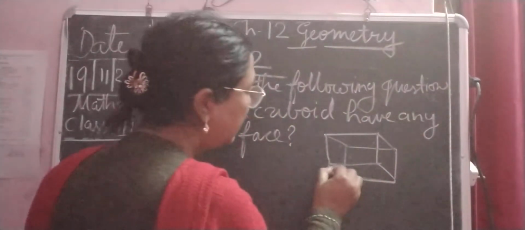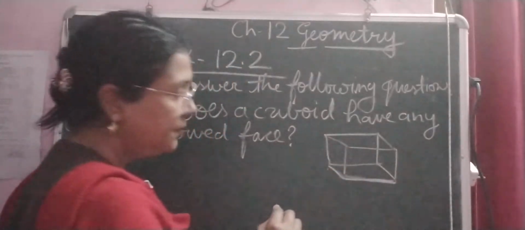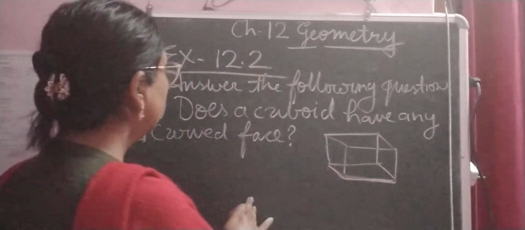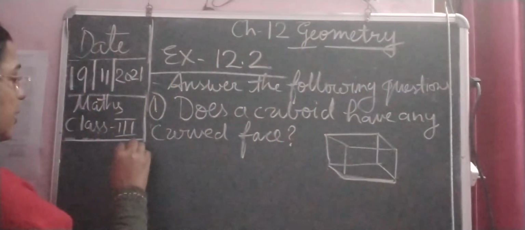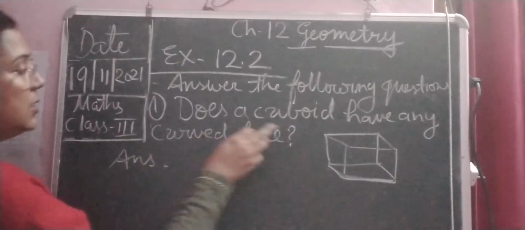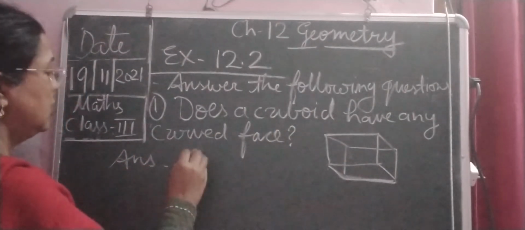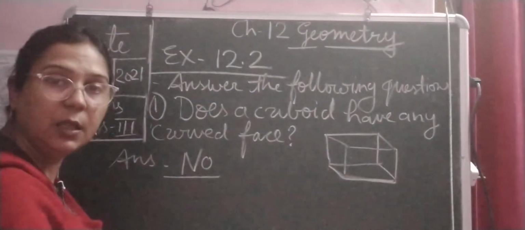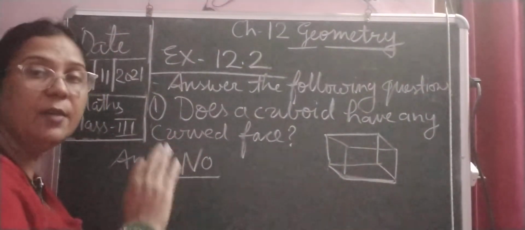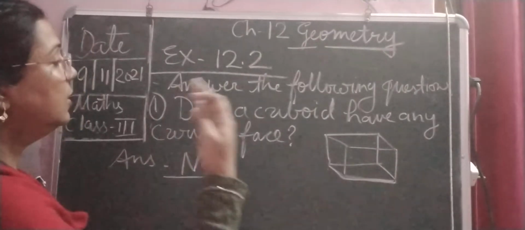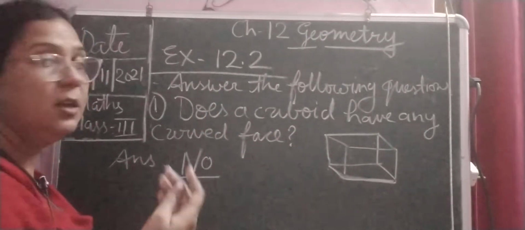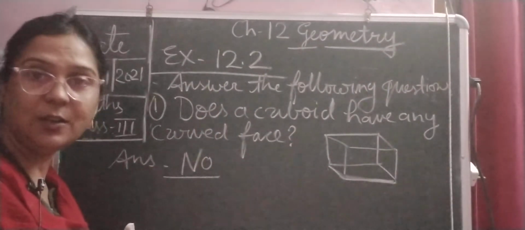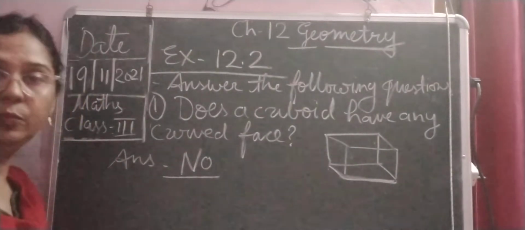These are all straight lines. So the answer, does a cuboid have any curved face? No, because we have seen that a cuboid does not have any curved face or any curved line. Children, write it down, no.